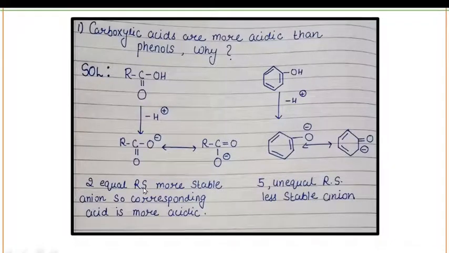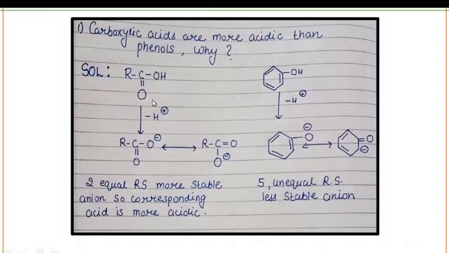That's why it is more acidic than phenol. While in the case of phenol, you will get 5 unequal resonating structures. Unequal resonating structures means the position of the charge is not fixed. If in a resonating structure the position of charge is fixed, then this is known as an equal resonating structure.